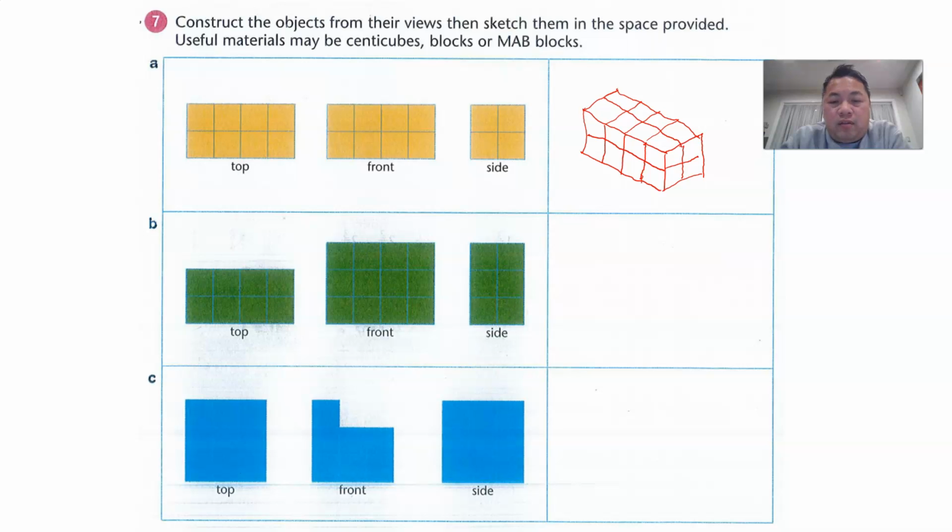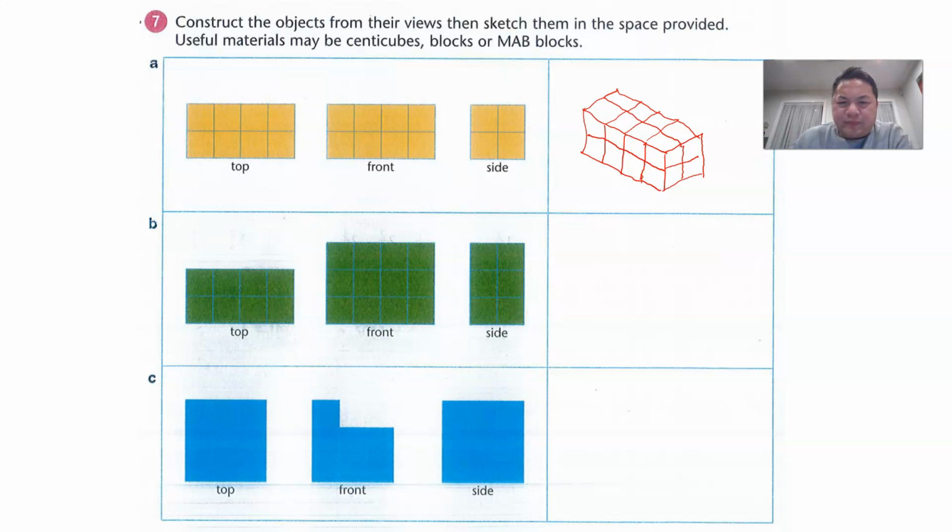That's how it looks like. I think it's quite easy for us to do. B and C is slightly more challenging, but why don't you give it a try, and then during our next lesson we can go through how to go about drawing that particular shape.